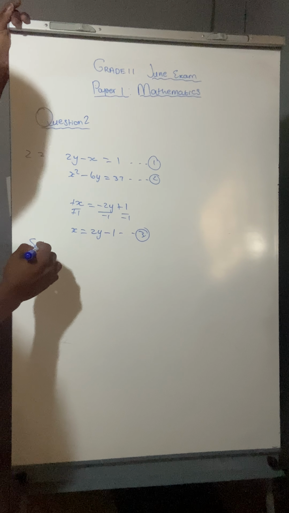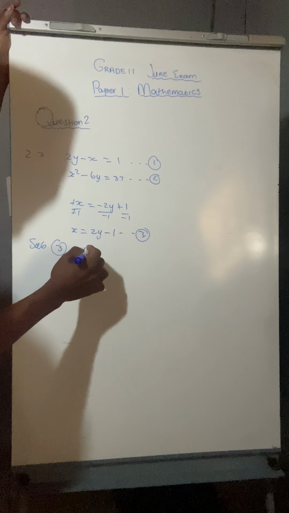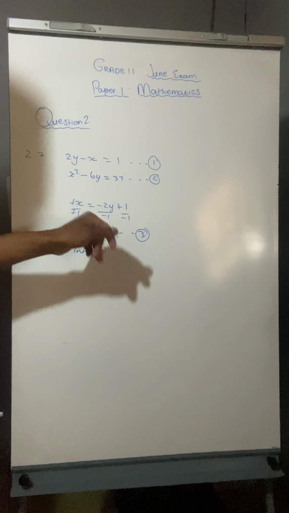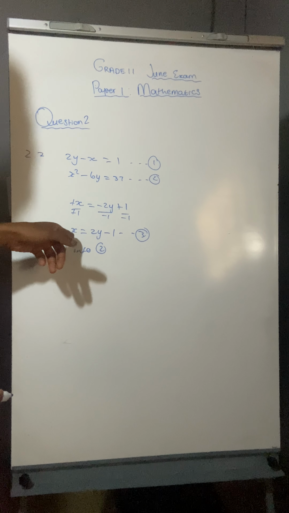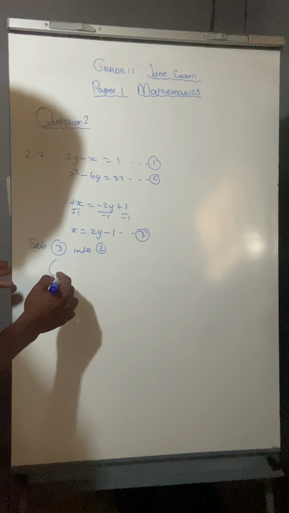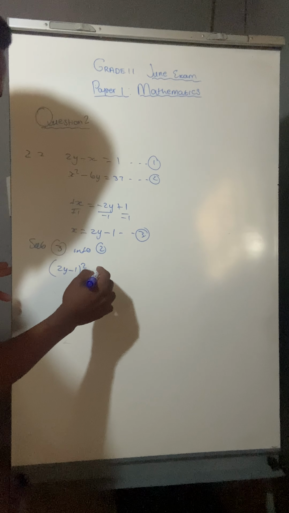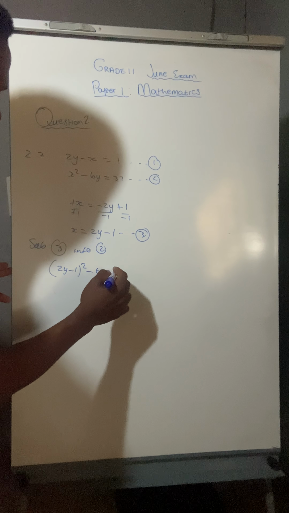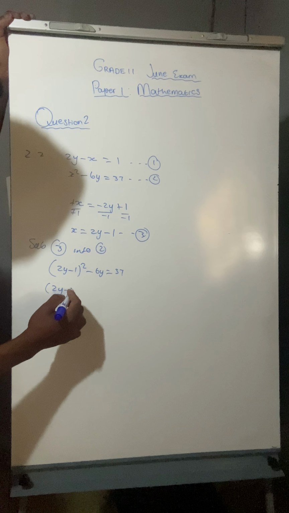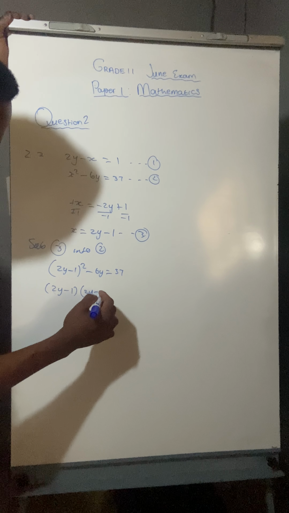Because I have equation number 3, I will substitute it into equation number 2. Remember that x equals 2y minus 1, so where I see x, I'm going to substitute 2y minus 1. So this is (2y minus 1) squared minus 6y equals 37. From there, I have to expand. Why is it very important to expand it? Because most learners make mistakes.